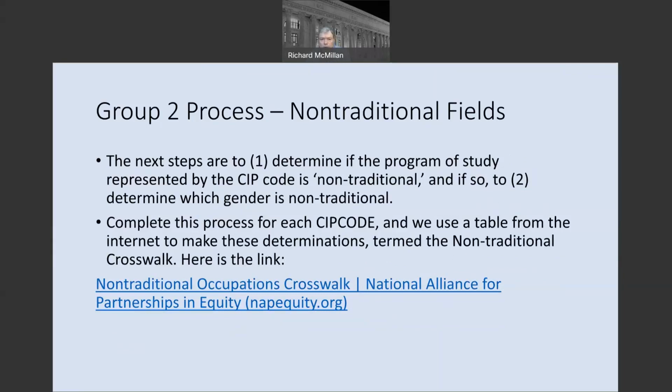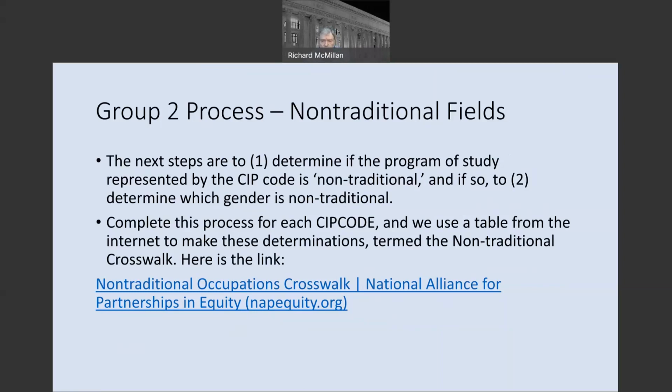The next steps are to, 1, determine if the program of study represented by the zip code is non-traditional, and if so, to next determine which gender is non-traditional, and then to count the number of students in that gender category to create the rate for non-traditional participation in that particular program represented by a zip code.